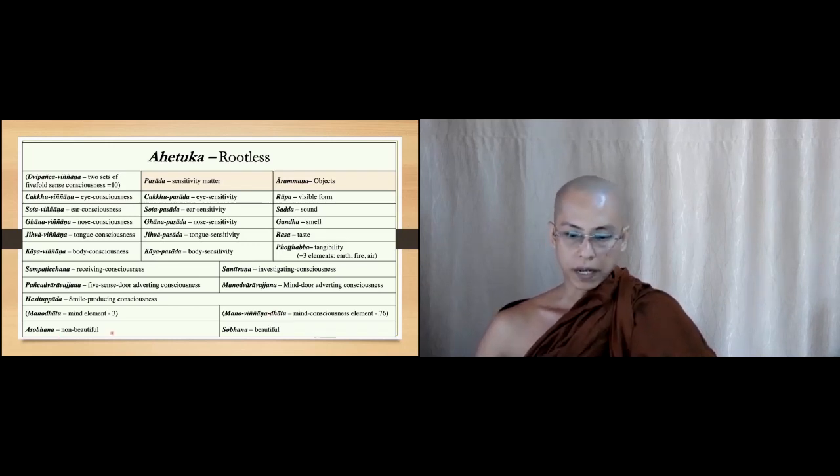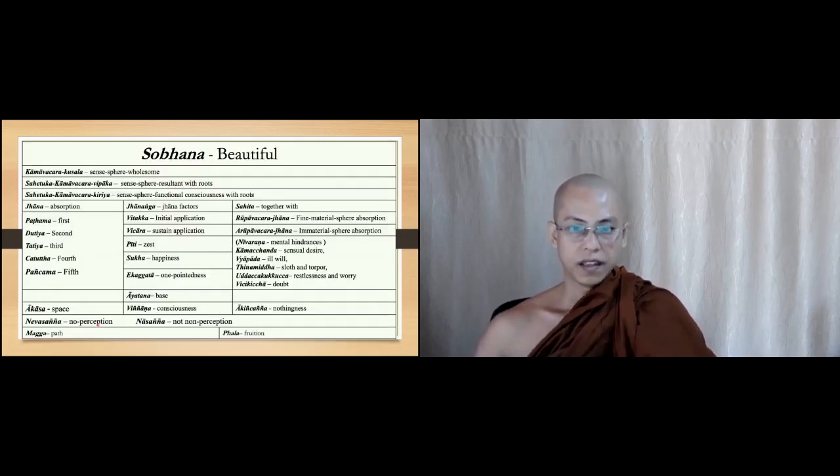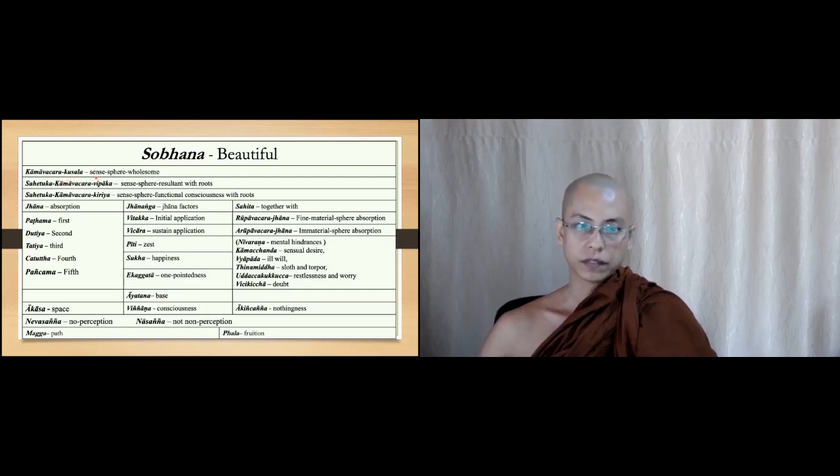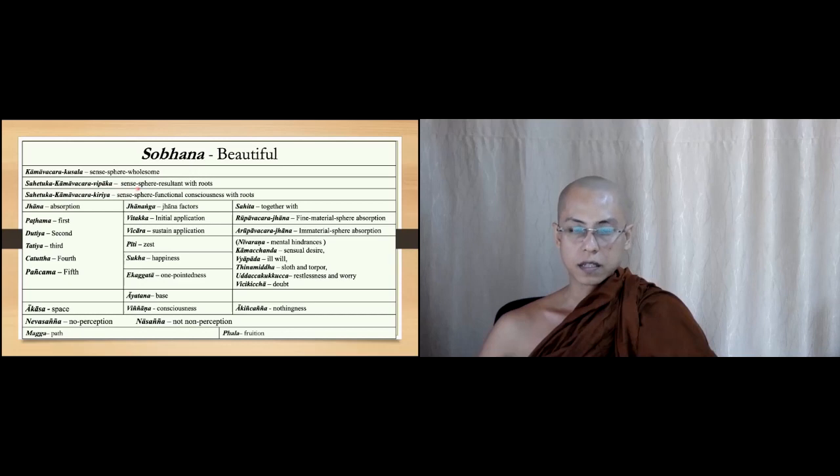So Sobhana and Asobhana. Asobhana is non-beautiful and Sobhana is beautiful. So we get another category, Sobhana, beautiful consciousness. Kamavacara Kusala, translated as sincere, wholesome. And Sahetuka Kamavacara Vipaka, resultant with roots, because the word sahetuka is with roots.